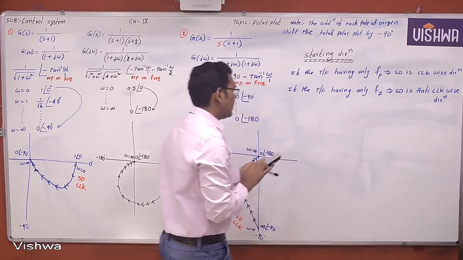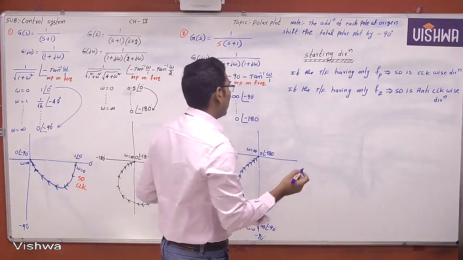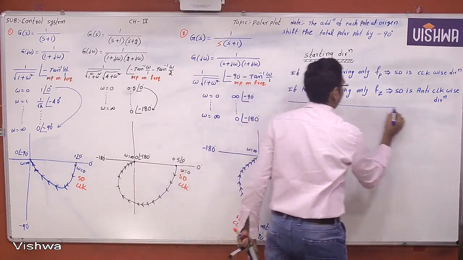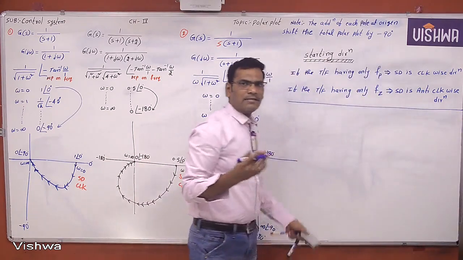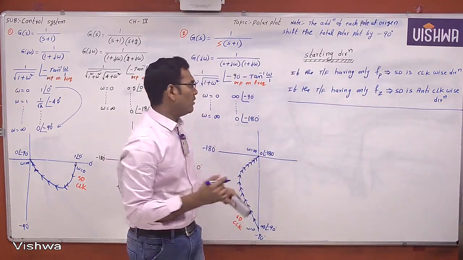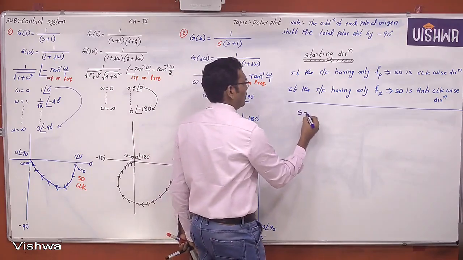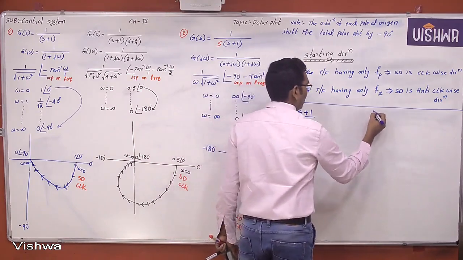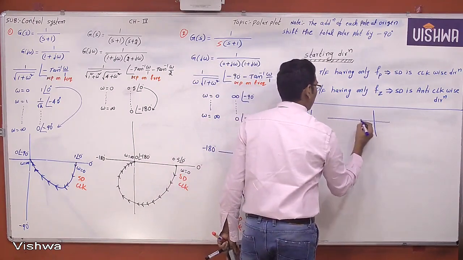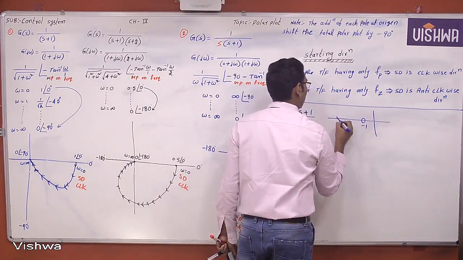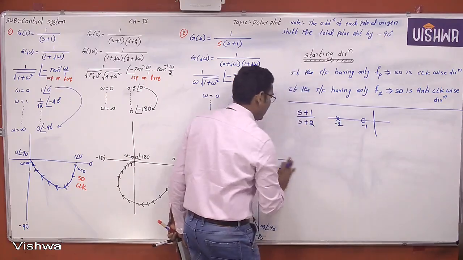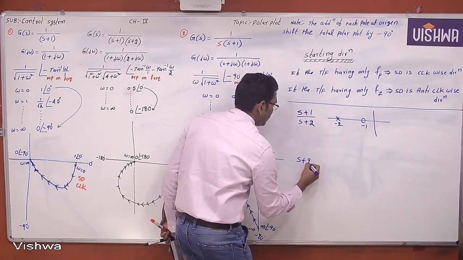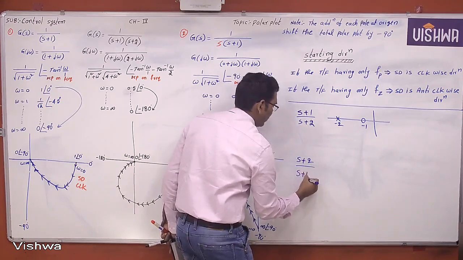But the students are smart and asking, what if the transfer function is having both, finite pole and finite zero? Sometimes s plus 1 by s plus 2, like this, and sometimes s plus 2 by s plus 1, like this.